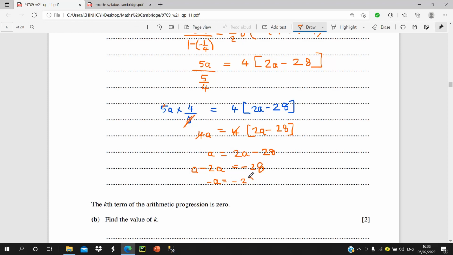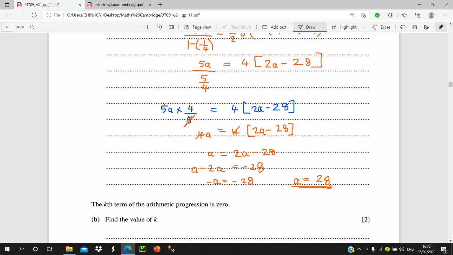If you divide each and every side by negative 1, your a is going to be equal to 28. So this is the value for a. We have managed to find the value of a.